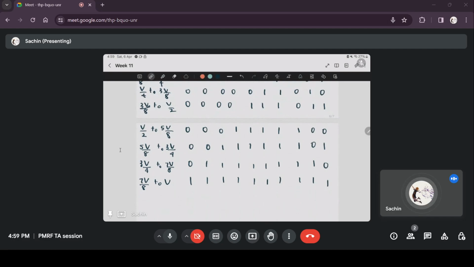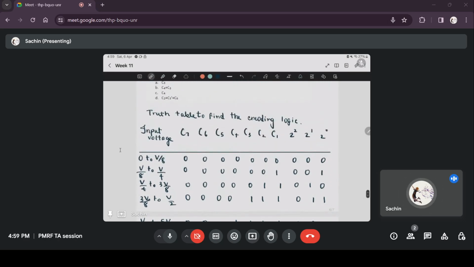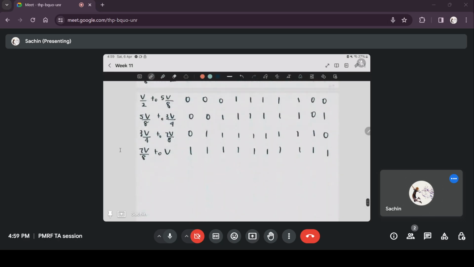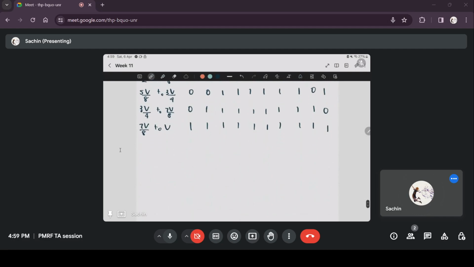So whenever C4 is 1, your MSB 2 squared is also 1. That's why the MSB bit is high only when C4 is also high.